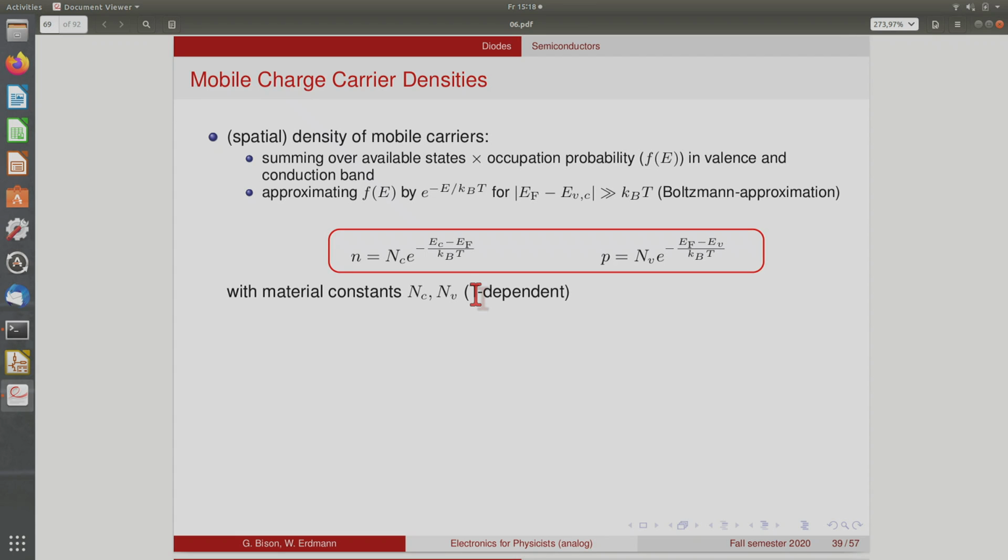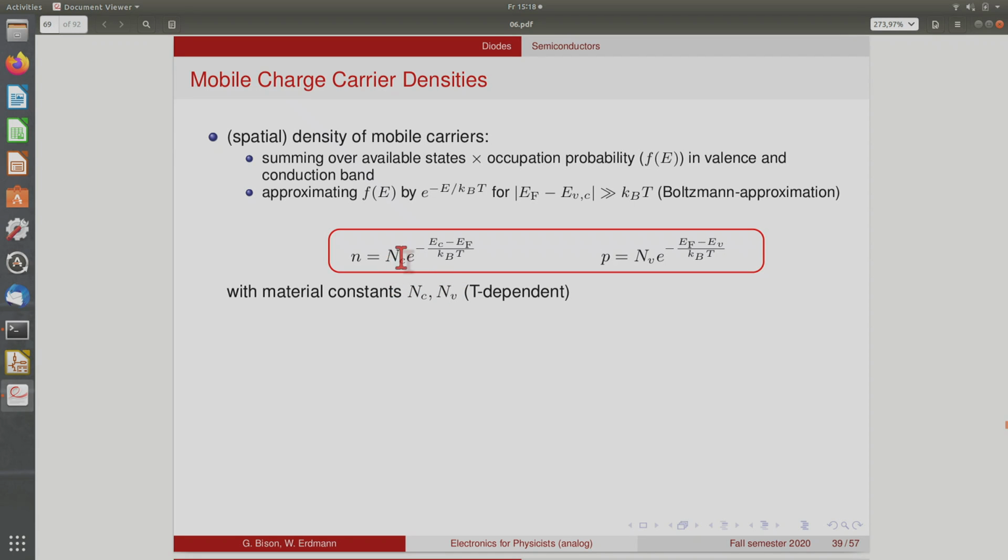Normally we're not so much interested in the energy distribution of these electrons, but we want the spatial density, because this is what gives us the electrical properties. If you integrate the Fermi function multiplied with the density of states over the conduction band, you get the number of mobile electrons, and this is the expression that you get in the so-called Boltzmann approximation.